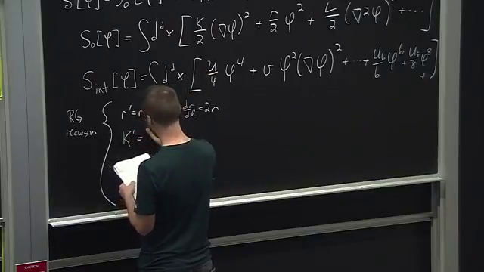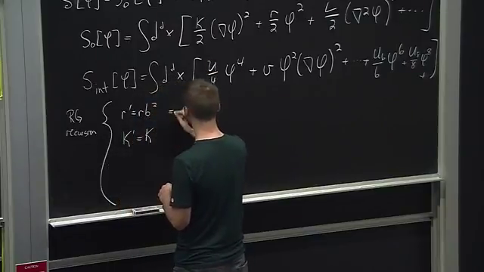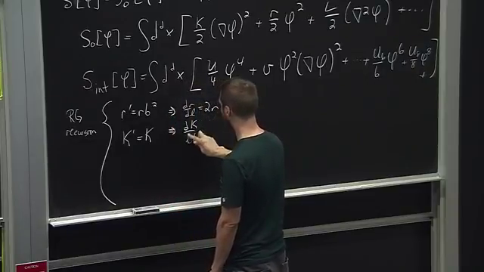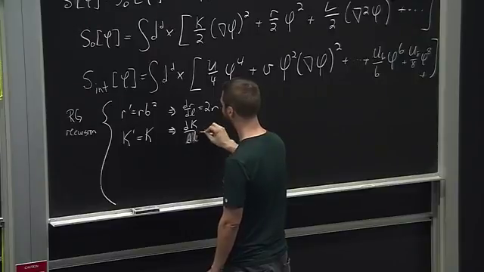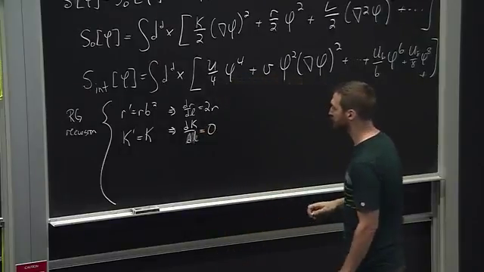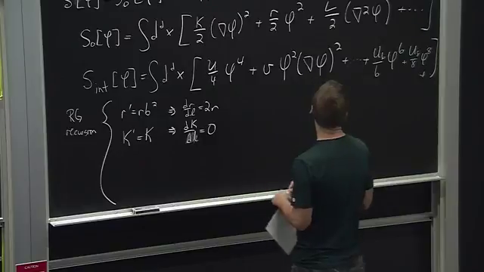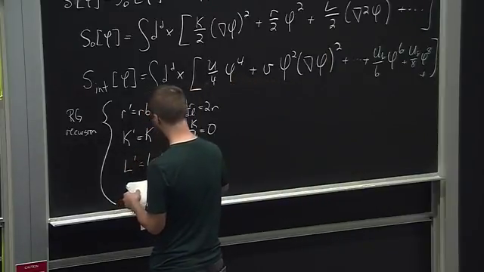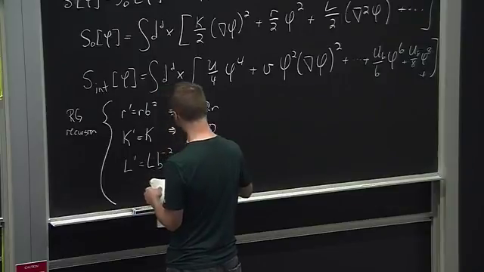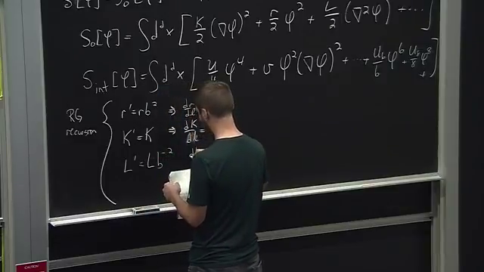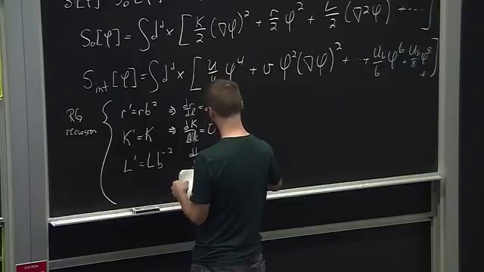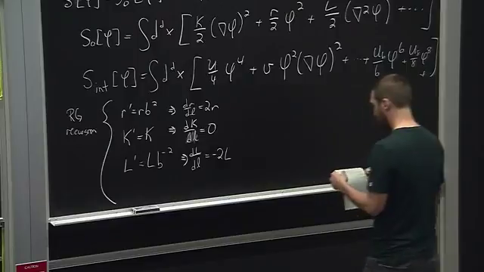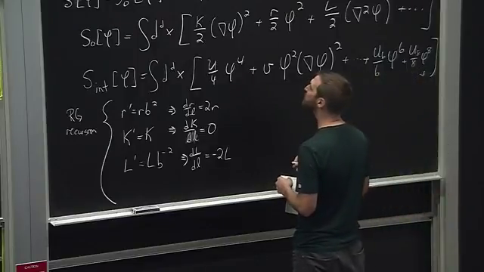K prime always scales like that. This higher order Gaussian term goes like this. Those are the Gaussian pieces and the interacting pieces.